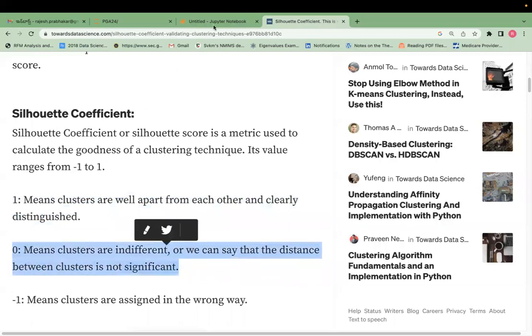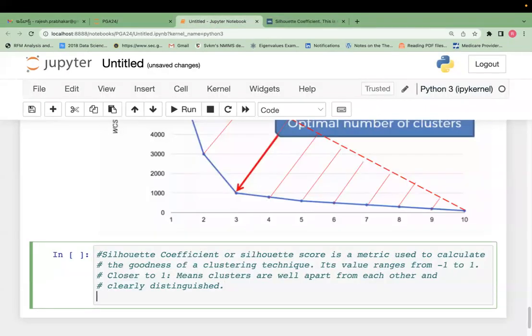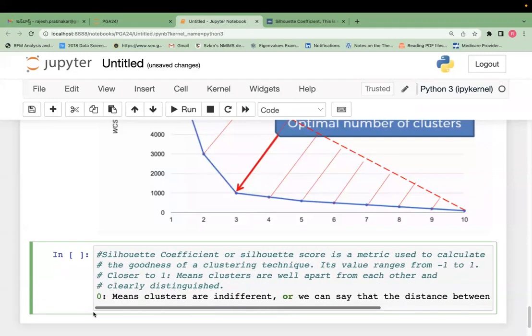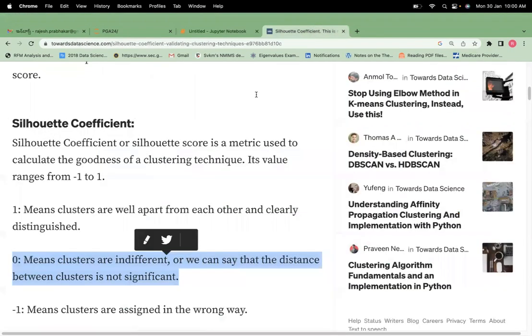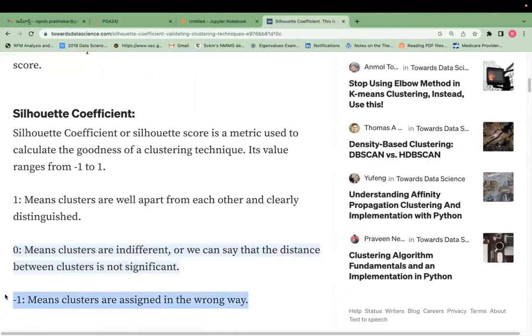Zero means the distance between clusters is insignificant. That means they are very, very close to one another, almost touching. Minus means the clusters are assigned in the wrong manner.